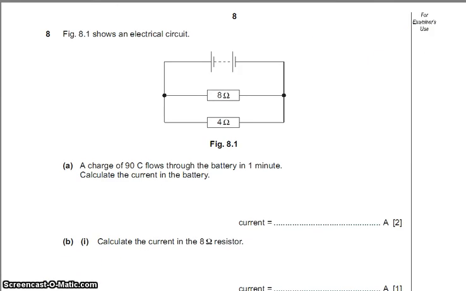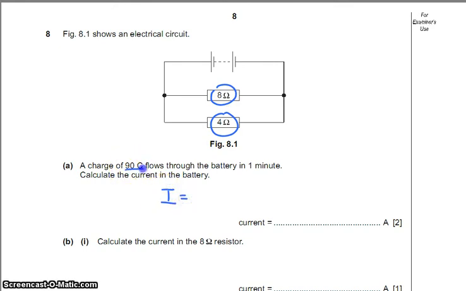Question number 8 is about DC circuit. By looking at this diagram, you know that this resistor and this resistor are in parallel, so remember all the properties of a parallel circuit. Let's look at the first one. You're supposed to calculate the current.